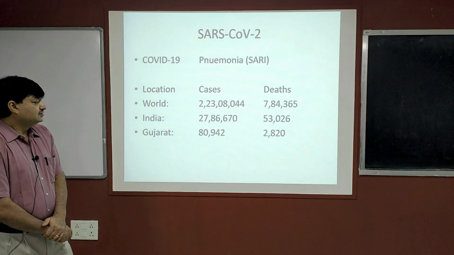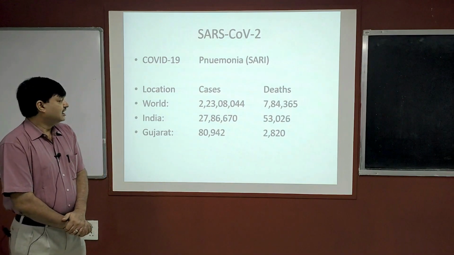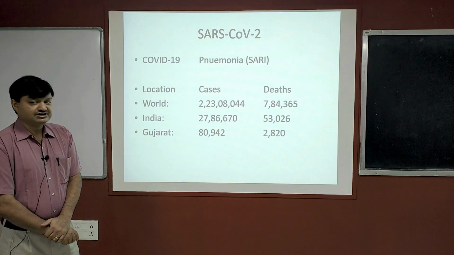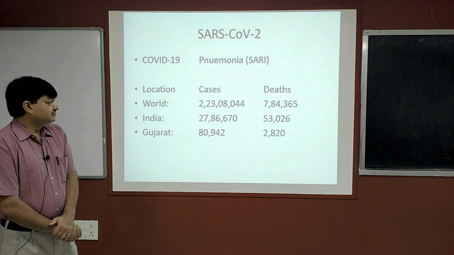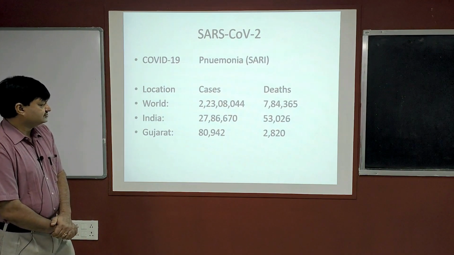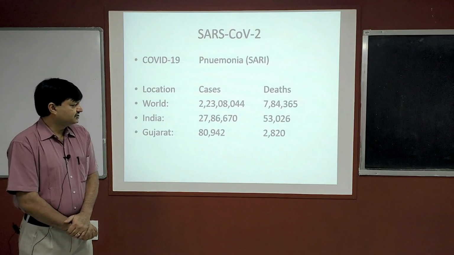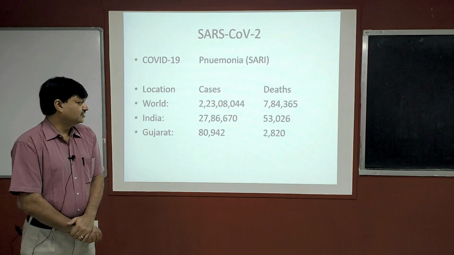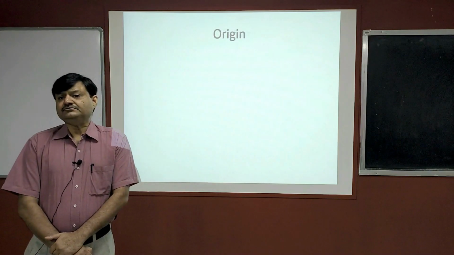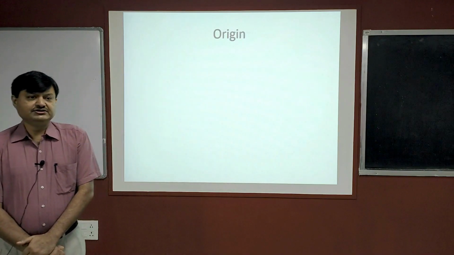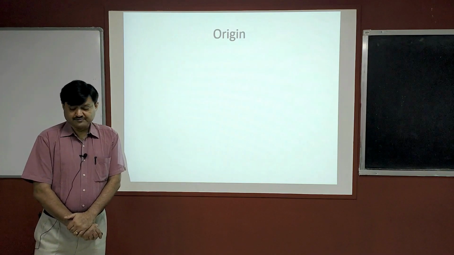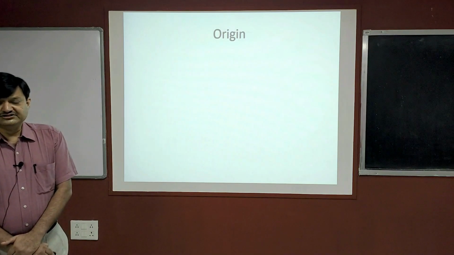In India, the total number of cases is 27,86,670 with deaths of 53,026. While in Gujarat, you can see 80,940 cases and deaths of 2,820 patients. So this virus is causing a pandemic and we all are experiencing this pandemic for quite a few months.